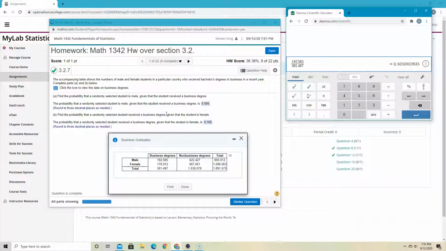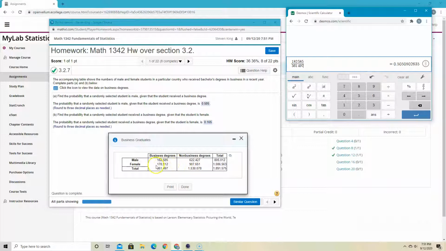But it didn't stop. So given that the student is female, well, that changes everything. It does not change the numerator because, well, I take it back. So, given that the student is female, where are the females in this data set?